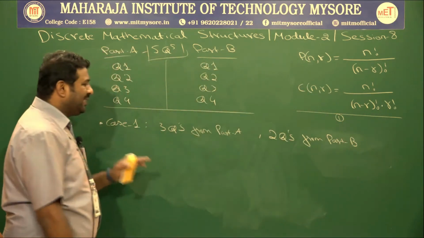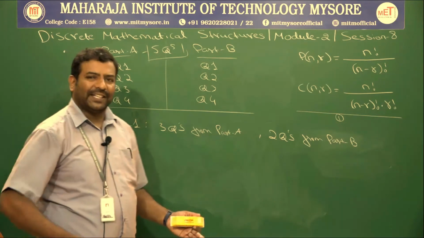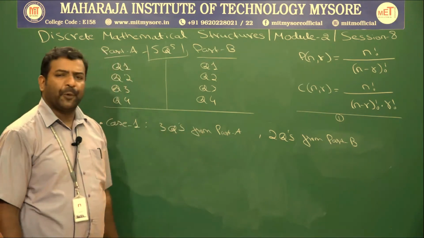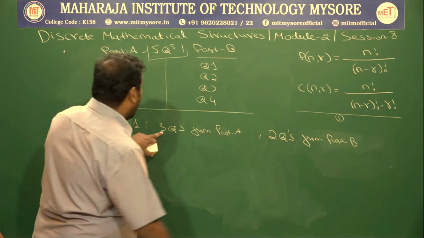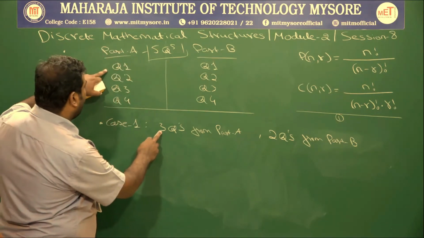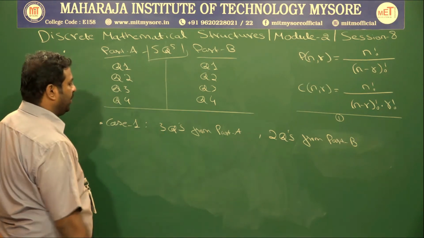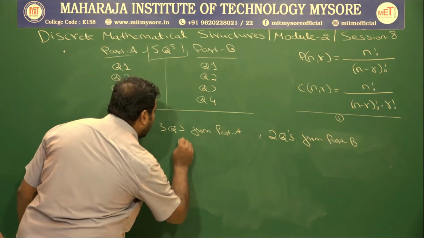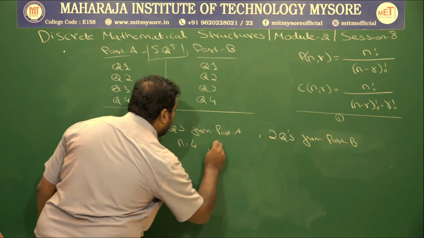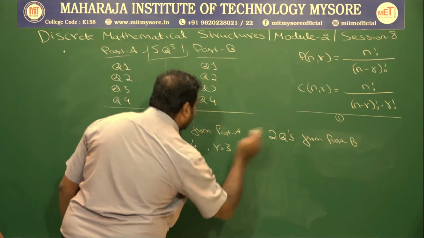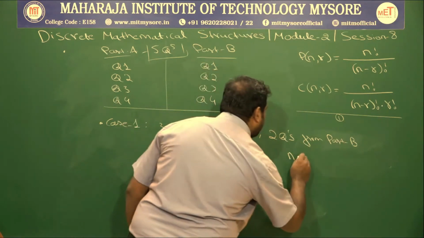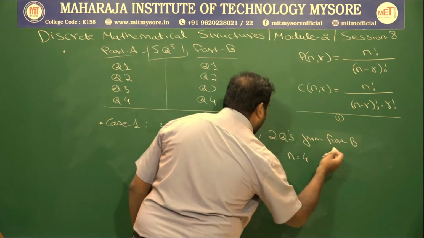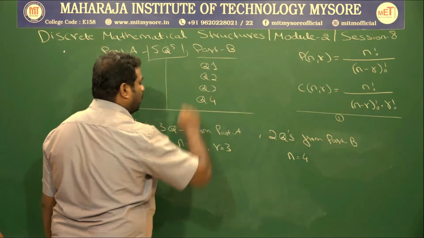Fine. So now in this case, I will take the next case later, but what exactly am I going to do here? I am going to have 3 questions here. Hence, out of 4, I need to attend 3 questions here. In this case, the value of n is 4 and the value of r is 3. And for part B, the value of n is 4, because part B contains 4 questions.